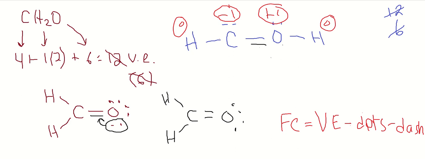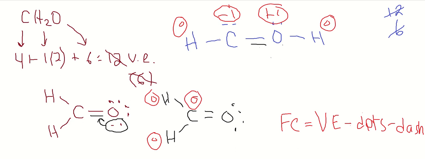All right, we'll do the same thing down here in the structure we made previously. The hydrogens are going to have a 0 formal charge because 1 minus 1 dash is 0. The formal charge on the carbon is 4 minus 4 dashes. There are no dots, so that's a formal charge of 0.